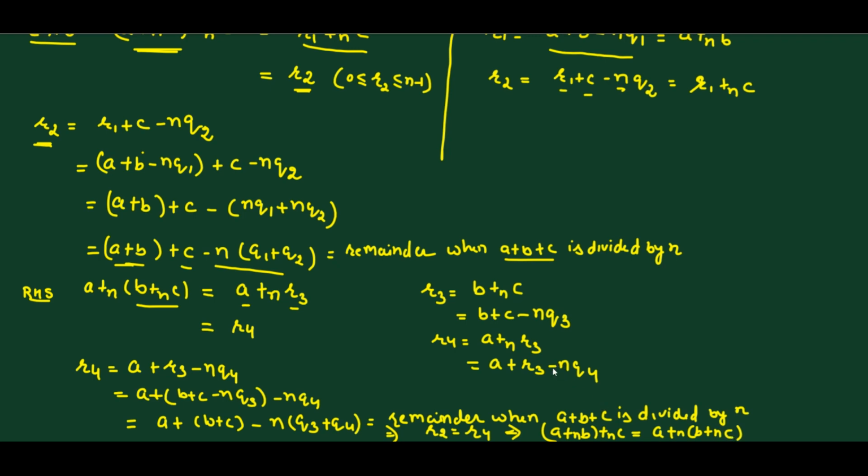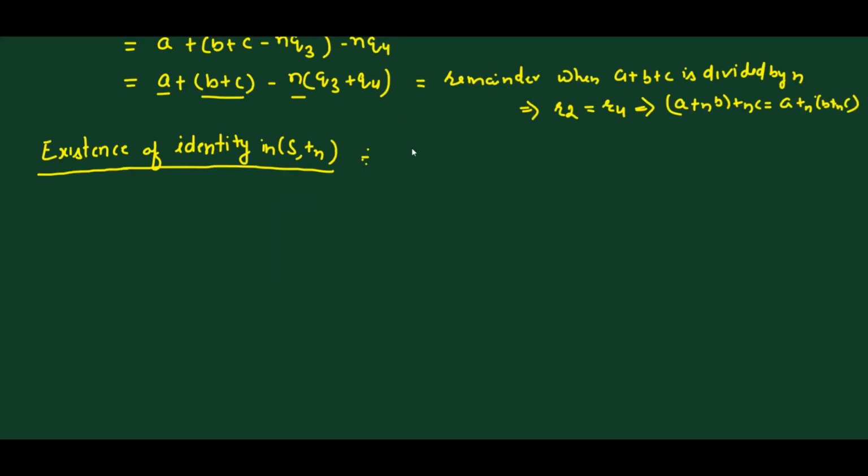Now we move to the existence of identity part. So next we move to the existence of identity in S with respect to this operation, addition modulo n.